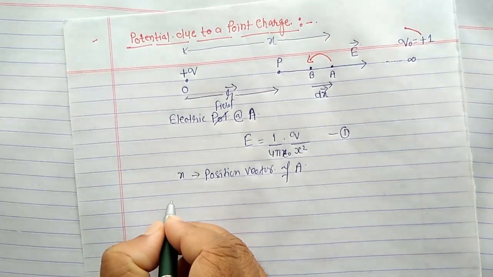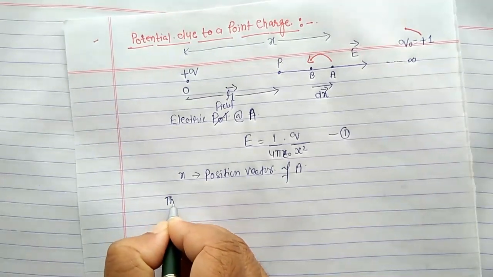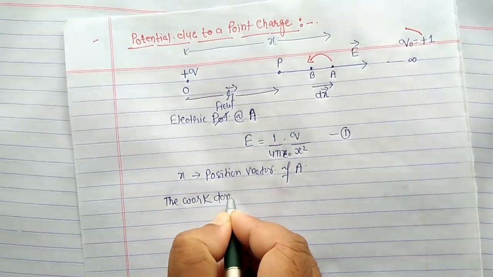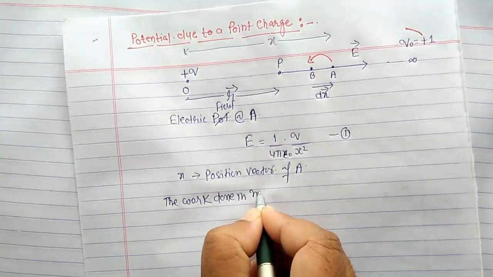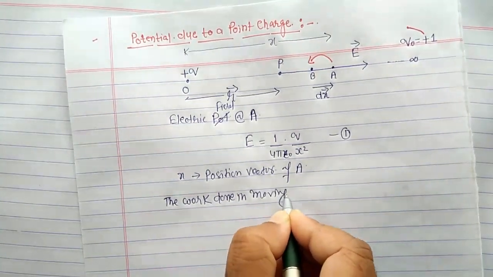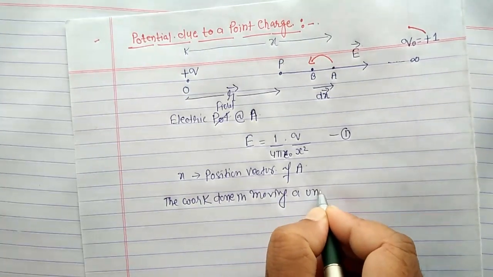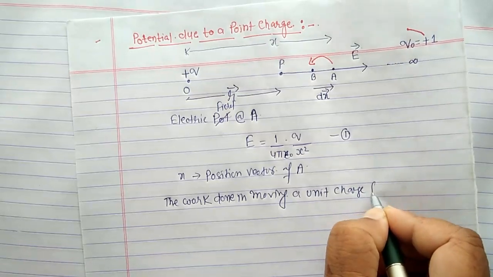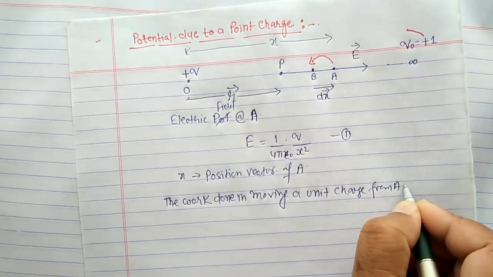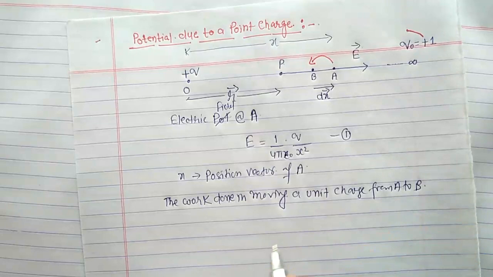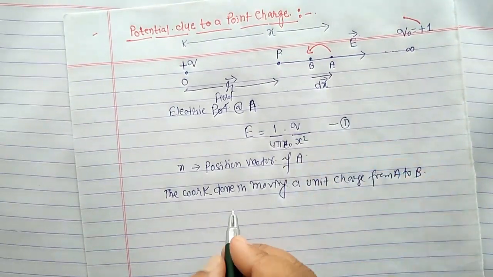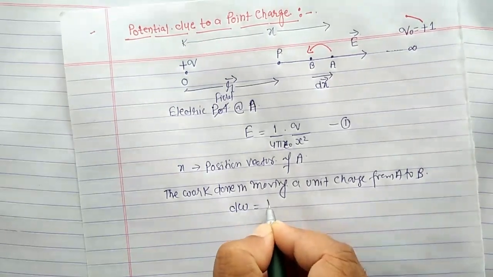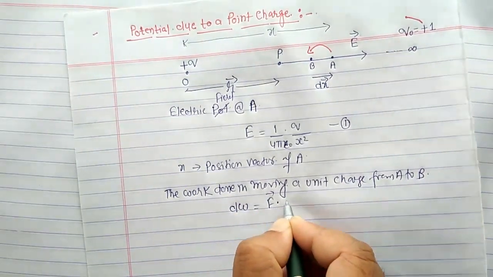So the work done in moving a unit charge from A to B. Due to this small displacement, we have to perform a small amount of work dW, and dW is given by force multiplied by displacement.